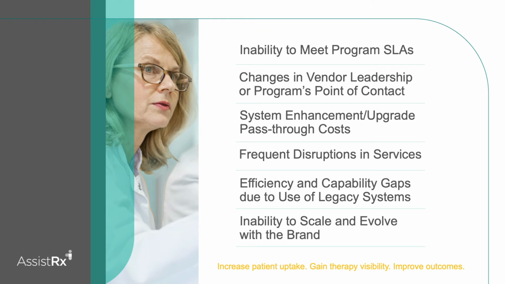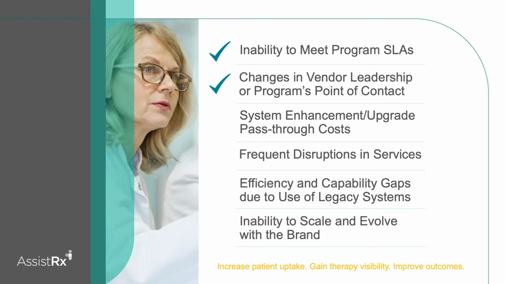Now, switching patient solution providers is a big decision, and it can be a very difficult lift for you and for your team. The first clear indicator that it's time to transition is not meeting SLA, so not meeting turnaround times, etc., or service level agreements. SLA should be a minimum threshold for delivery.